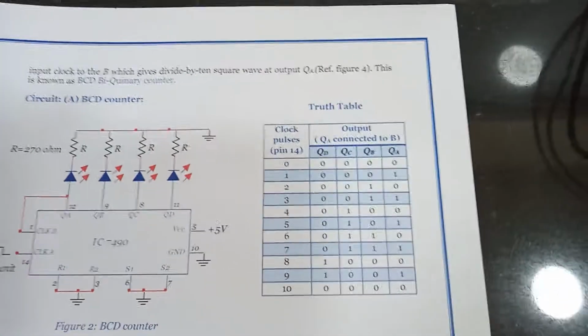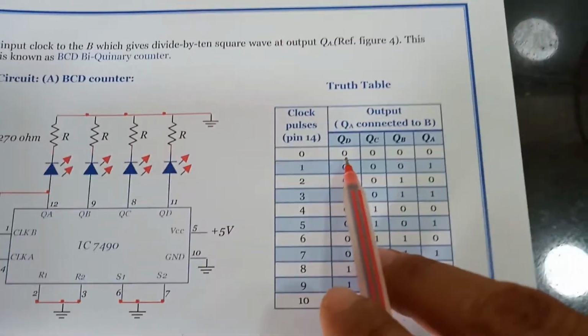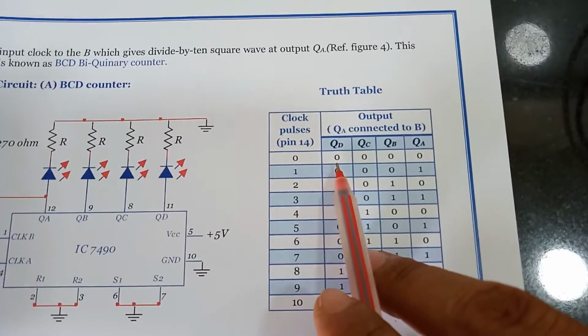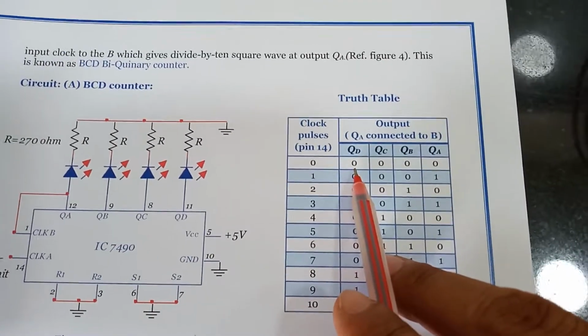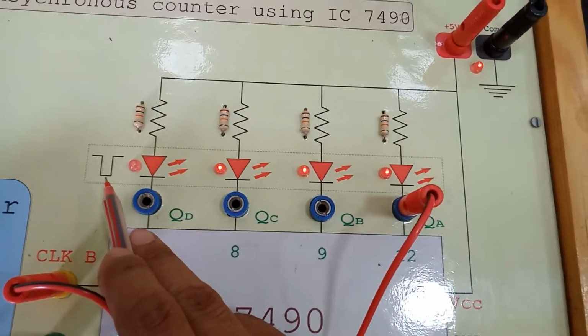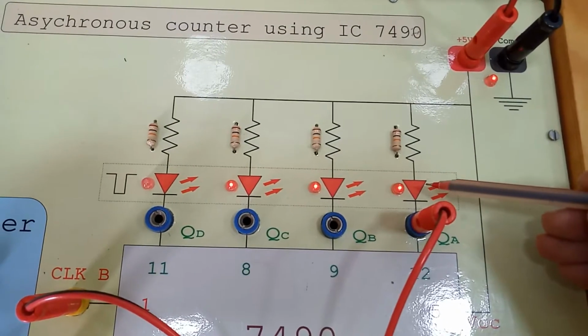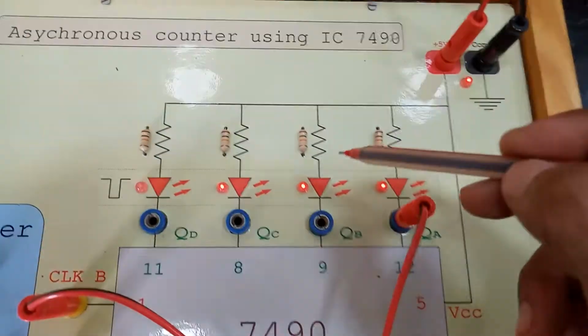So for this zero the LED will glow, because it is the negation. This will be the vice versa output.